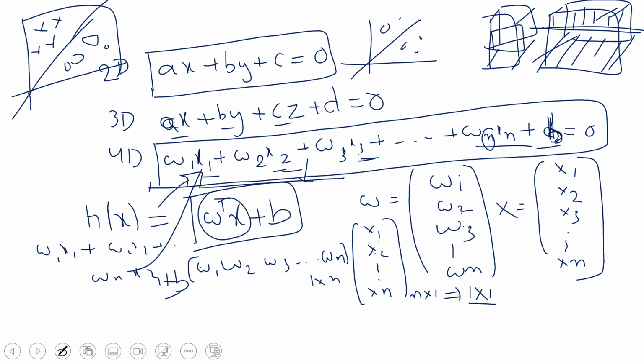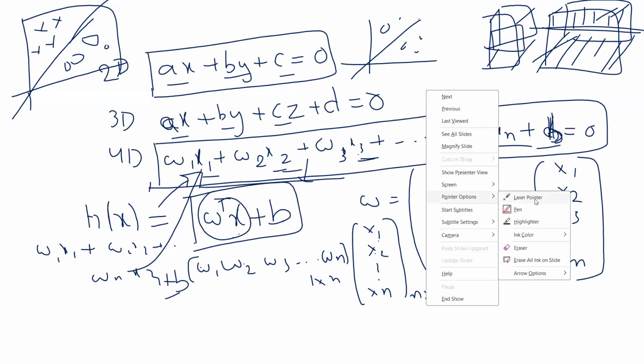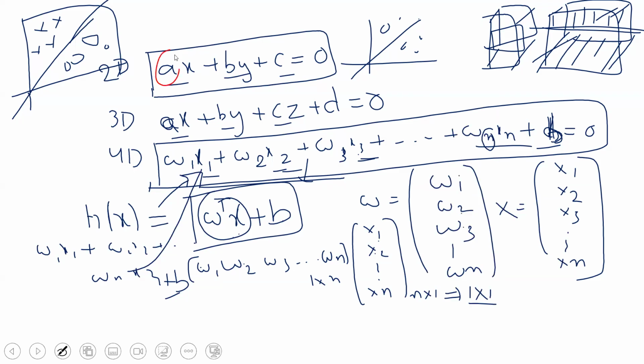W transpose is nothing but this A, B, and C, right? So now what you can say is that A, B, and C decide the orientation of the hyperplane, the orientation of the line. Agreed? Now, what decides the orientation of the line here? This weight vector W1, W2, W3 will decide the orientation of the hyperplane along with the B. What does B represent?